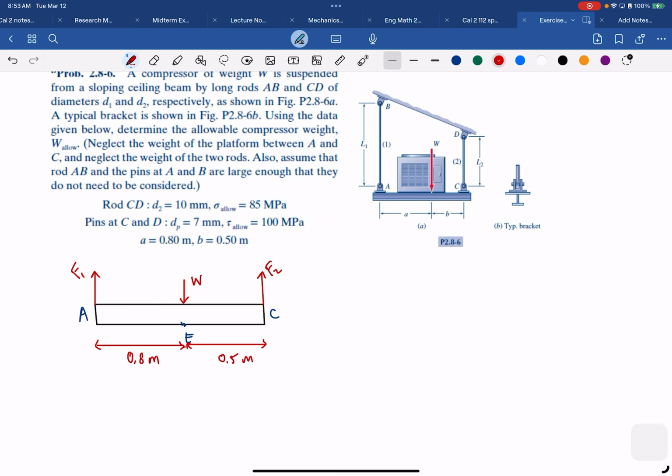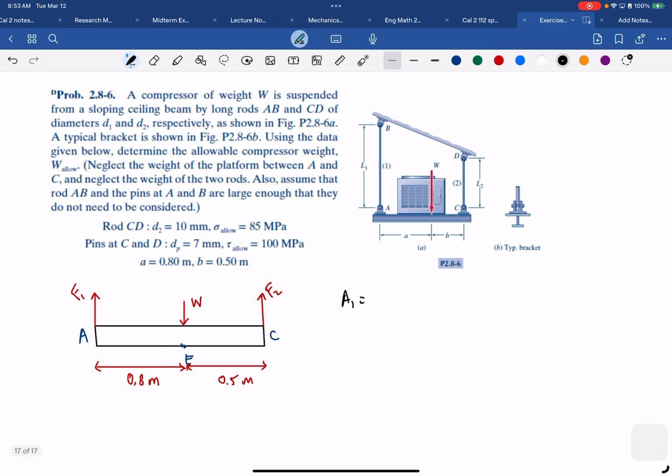And to get the stress, we can calculate the area first. So area 1, we can calculate based on the rod. What is the rod? D1 and D2.